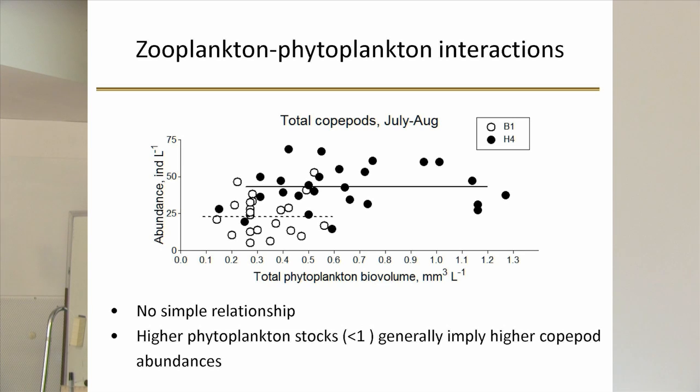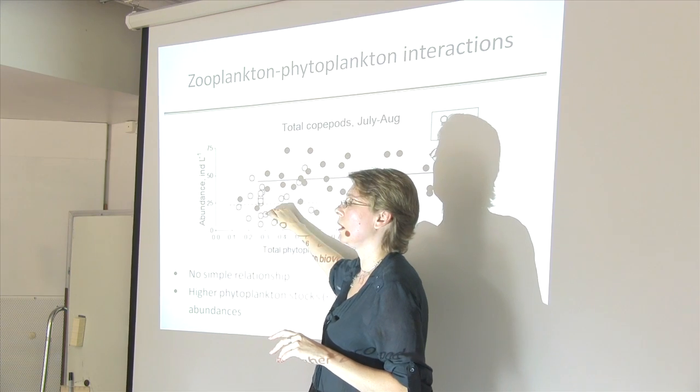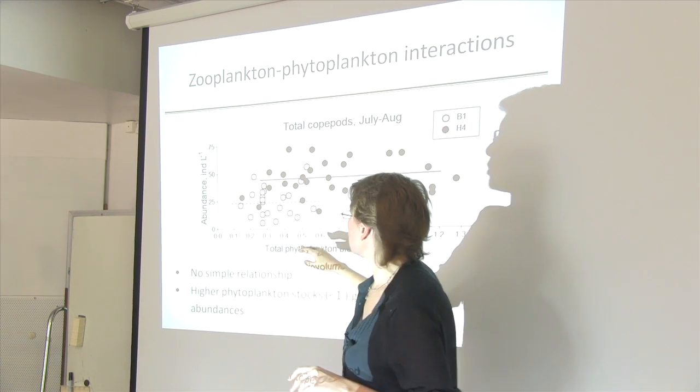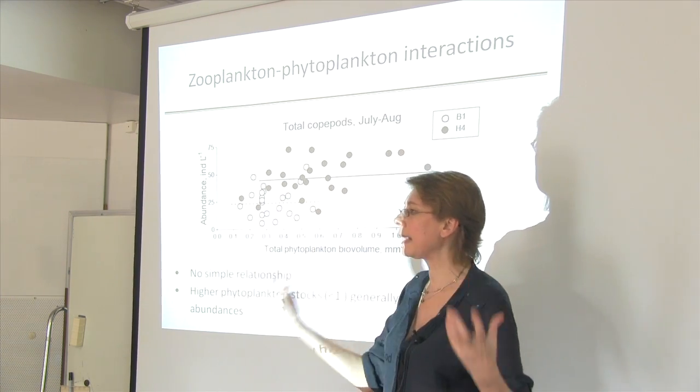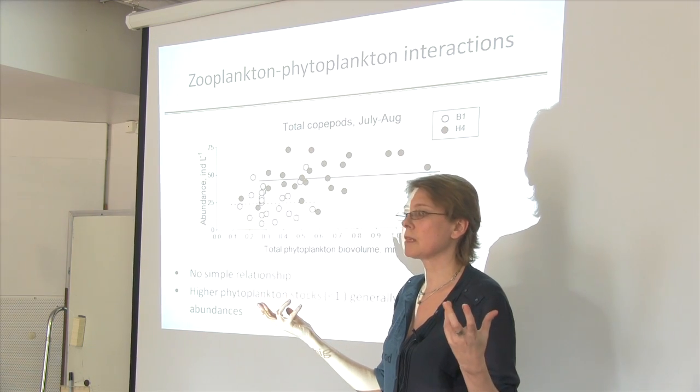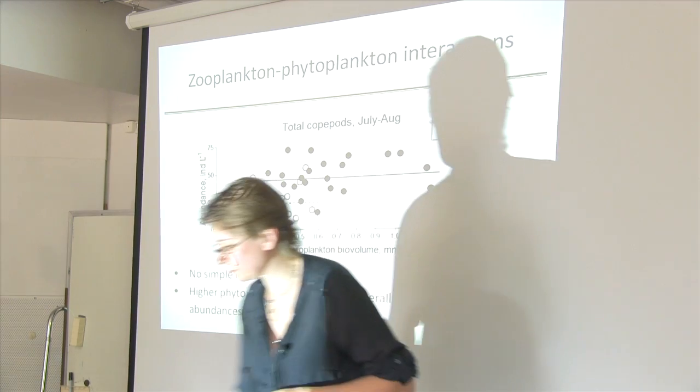But if we put several stations together, then some relationship can arise, but it's very fuzzy, and I don't actually know how informative this relationship is. Basically, what this figure shows is two levels of primary productivity in two areas, and zooplankton is actually adjusted to the areas of primary productivity. So between-area comparison is possible, but not within an area.